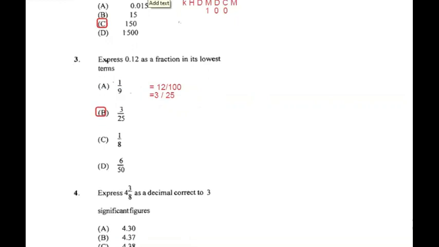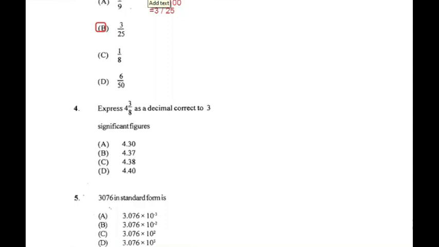Number 4, express 4 and 3/8 as a decimal correct to 3 significant figures. First we'll change 4 and 3/8 into an improper fraction, and then we'll do the division. So it's 4 times 8 to give us 32, plus 3, which is 35, divided by 8.